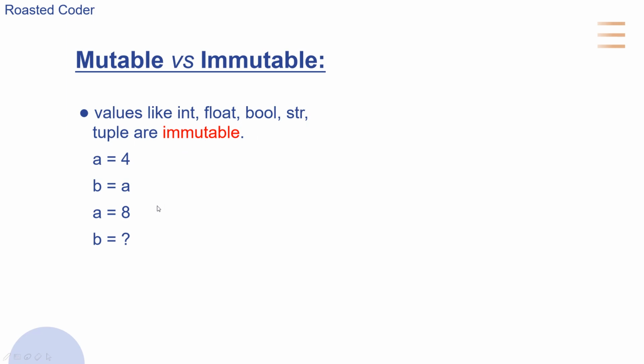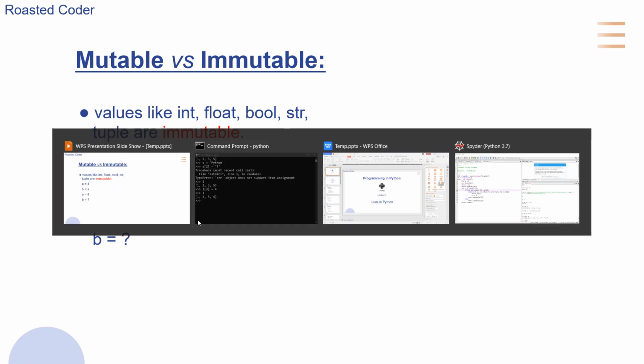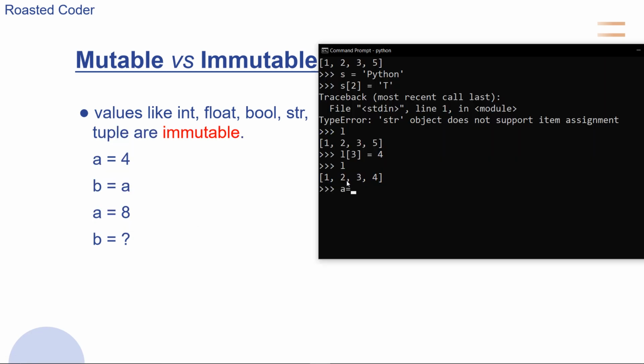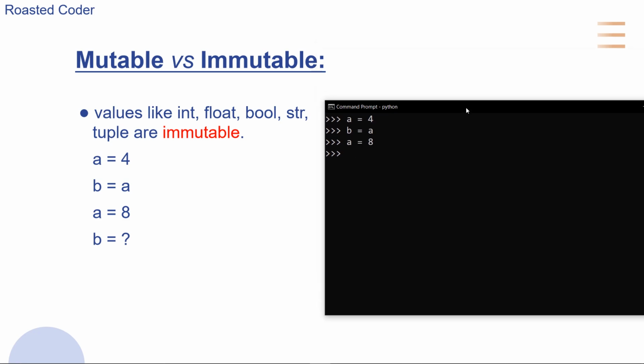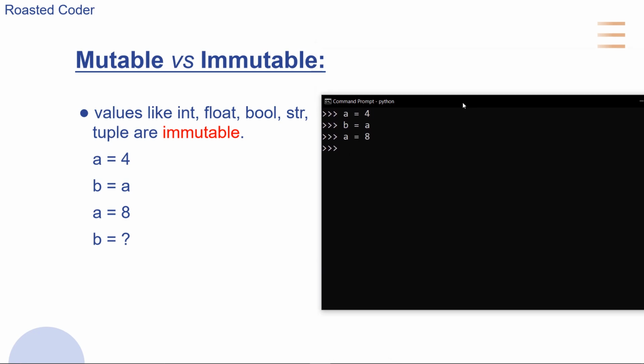If we take values, just take this example, a equals to 4, b equals to a. Now if we change a to 8, just think what will be the value of b.